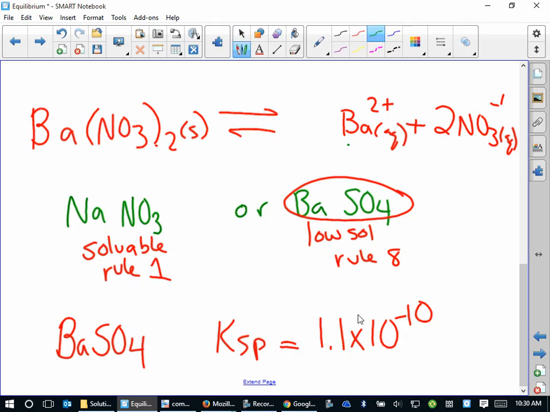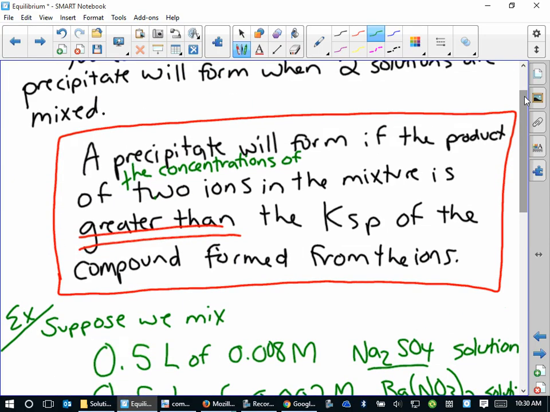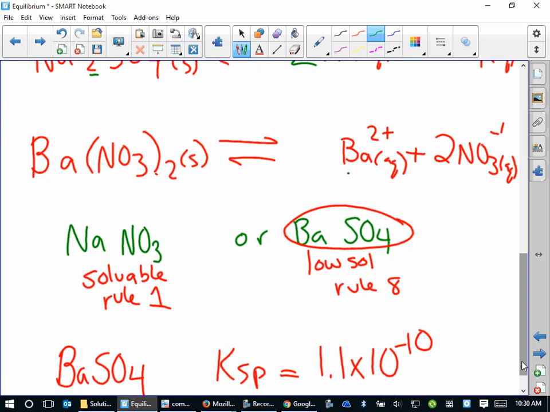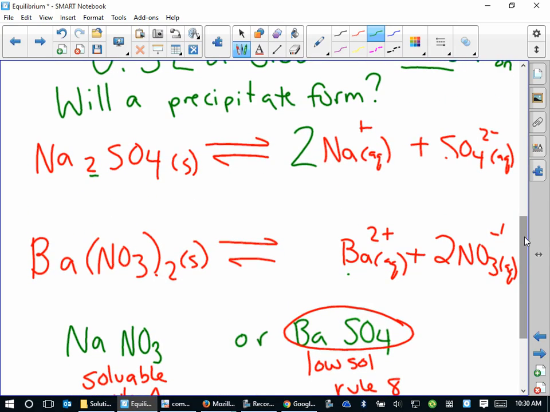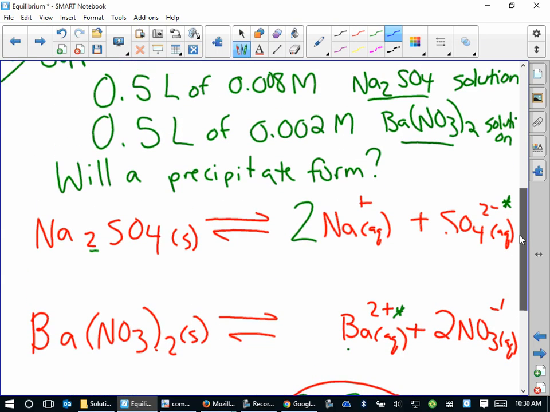Okay, so what we had said before is that a precipitate will form if the product of the concentrations of the two ions is greater than the KSP. Well, what two ions make up BaSO4? Well, it's going to be my Ba from here and my SO4 from here. So, what is the molar concentration? Well, SO4 came from here.